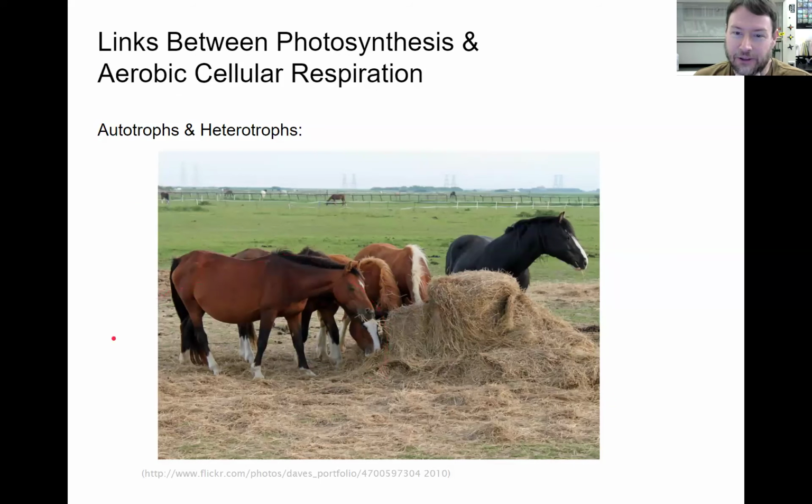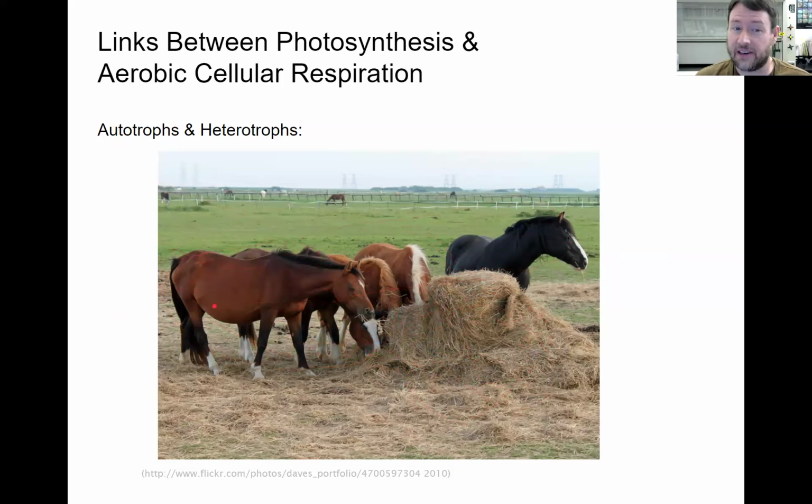And again, just to foreshadow where we're going, we're looking at interactions between organisms. So plants like the grasses or the hay, those are photosynthesizing. We would call them autotrophs, or producers is another term that is commonly used. And other organisms have to eat those autotrophs to survive.